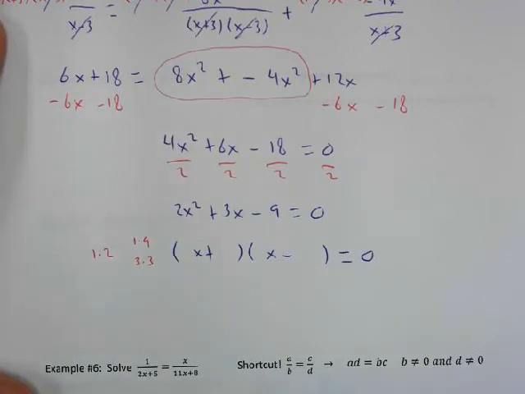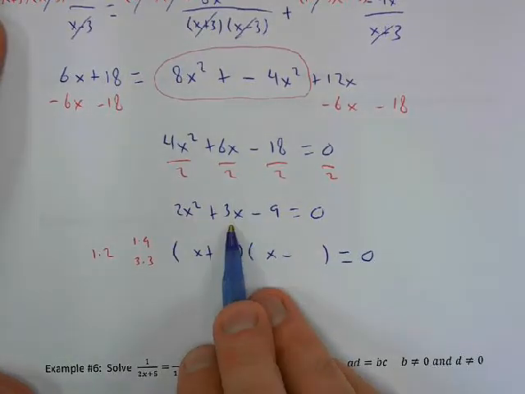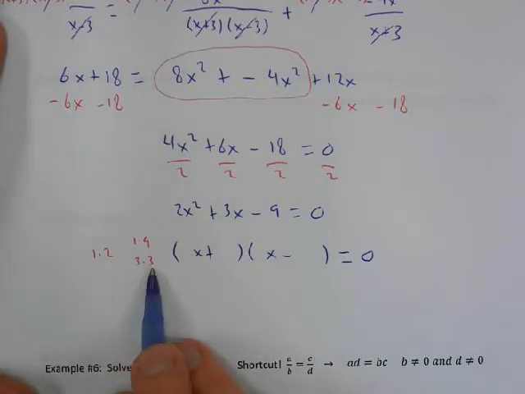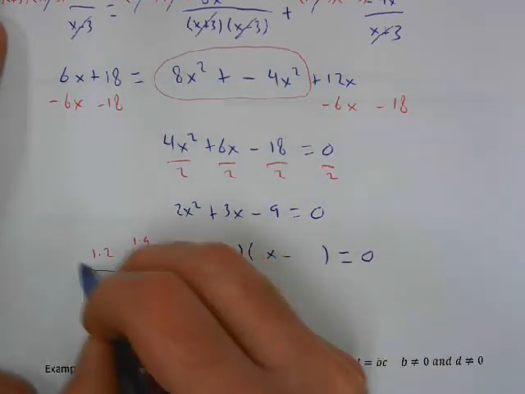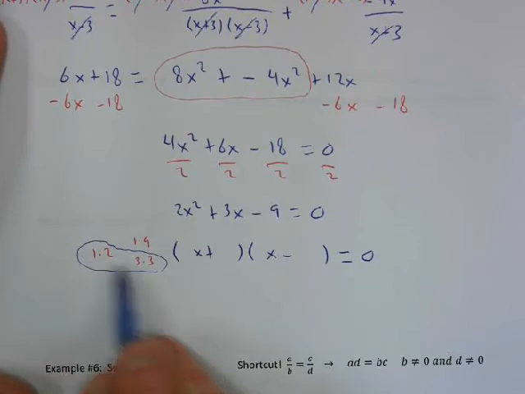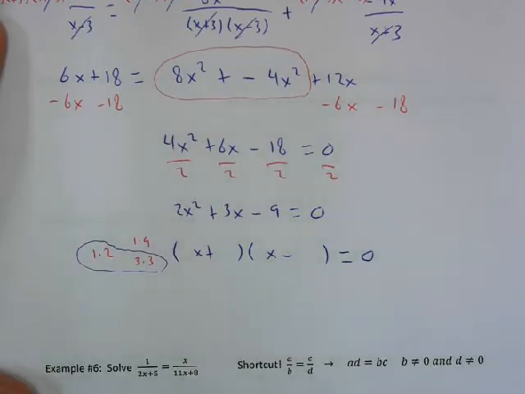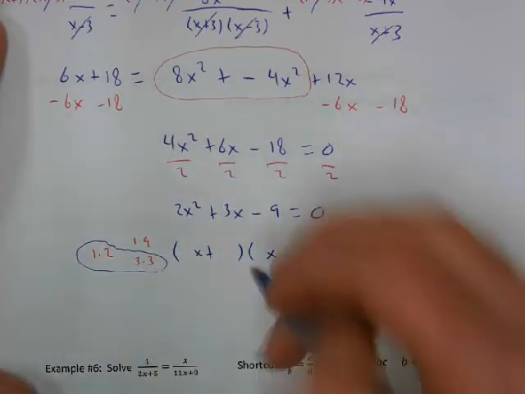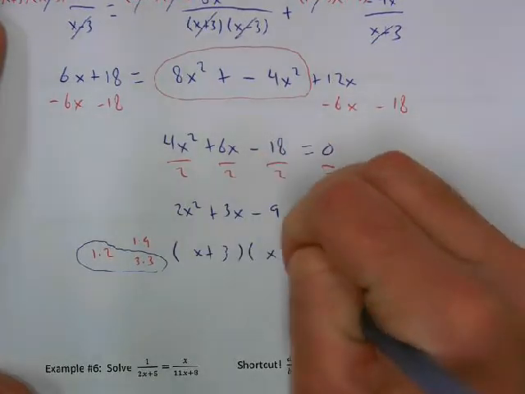Okay? And is there any way that I can get a difference of 3 using these numbers? So let's see. Yeah. These right here. 1 times 3 is 3. 2 times 3 is 6. 6 minus 3 gives me 3. Okay, so we can do it. Let's see, our bigger product needs to be positive. Well, first of all, 3 and 3, so I can just stick a 3 here and a 3 there.